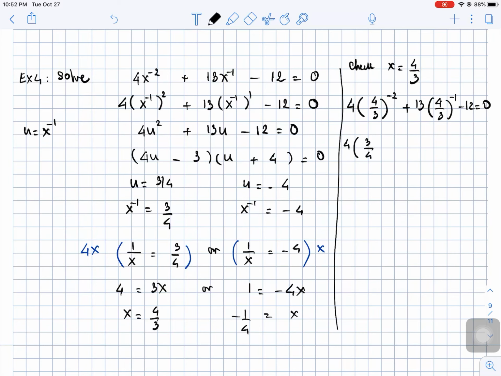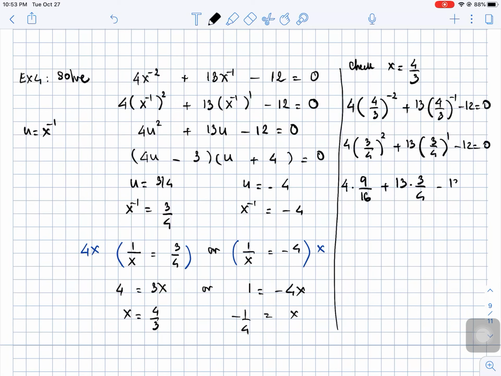We can check the problem. So let's say that we want to check x equals 4 over 3. Then 4 times (4 over 3) to the negative 2 plus 13 times (4 over 3) to the negative 1 minus 12 equals 0.